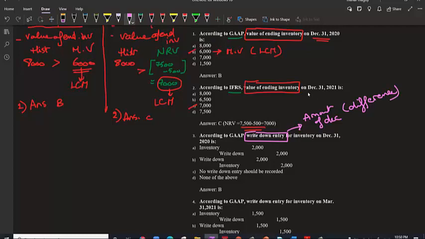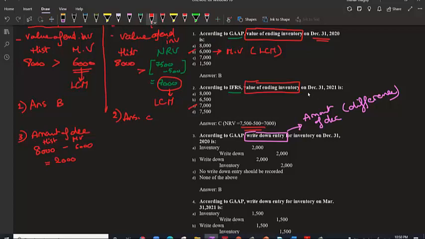Under GAAP, it decreased from 8,000, the historical cost, minus the market value, which is 6,000, so the difference is 2,000.